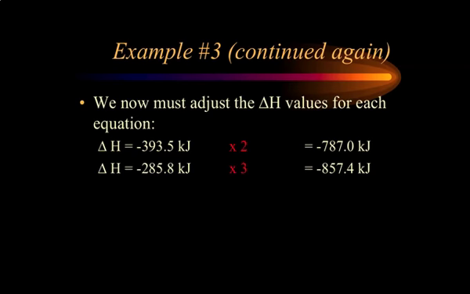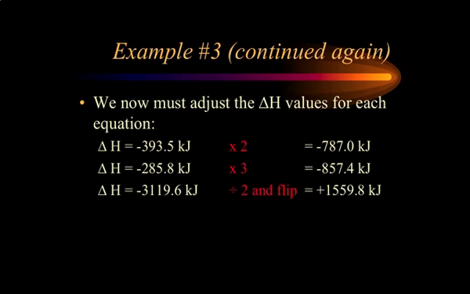I did 2 things to my last equation. I flipped it and I divided by 2. So flipping it means my sign is going to change. It was negative originally. Now it is positive. I divided by 2, so I need to divide my number by 2.